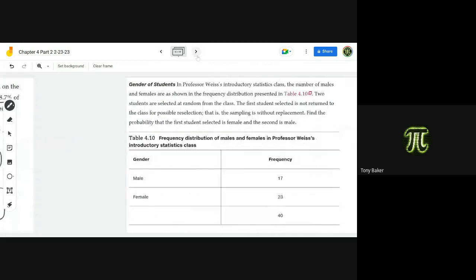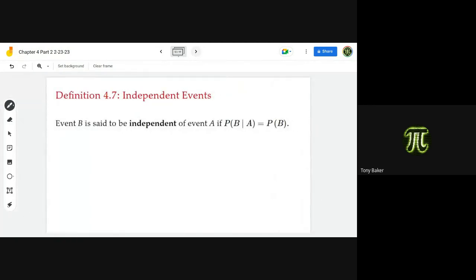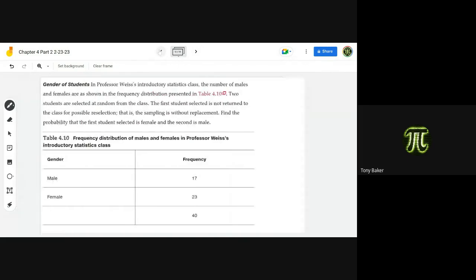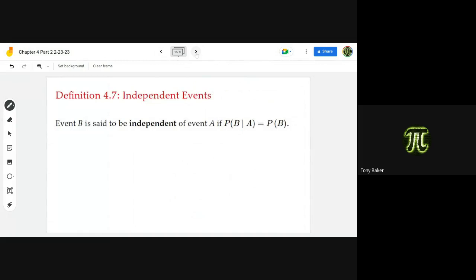All right. Independent events. They're determined to be independent if the conditional probability is the same as the actual probability.